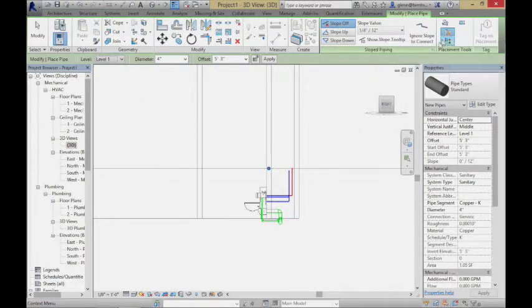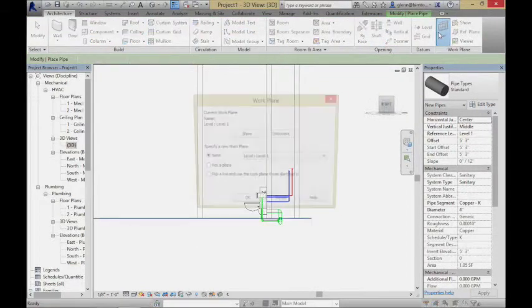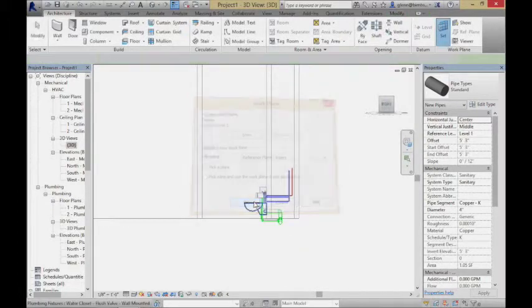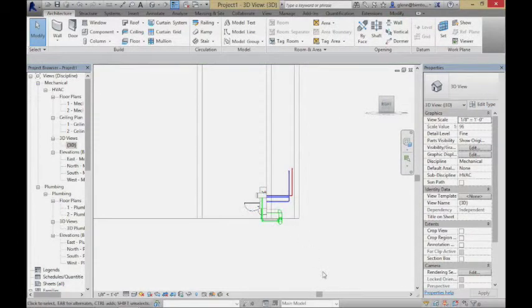This always messes me up a little bit in terms of exactly how to do this, because I think I ought to be able to draw this. I'm wondering if it's just not going to let me draw it in 3D, or if in 3D I have to set the work plane over here to my plane risers. Maybe that'll let me do it.